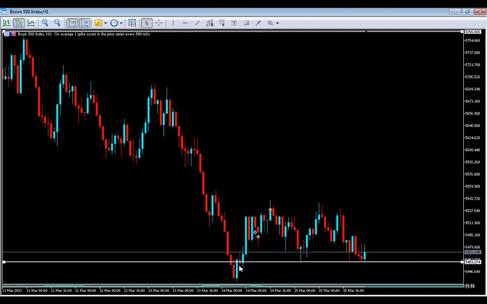At this place we get to see that there was rejection from the buyers. The buyers pushed the market upward from here, then price supported here again and supported a second time. Now it's supporting again, moving price up, but sellers are rejecting a bit.